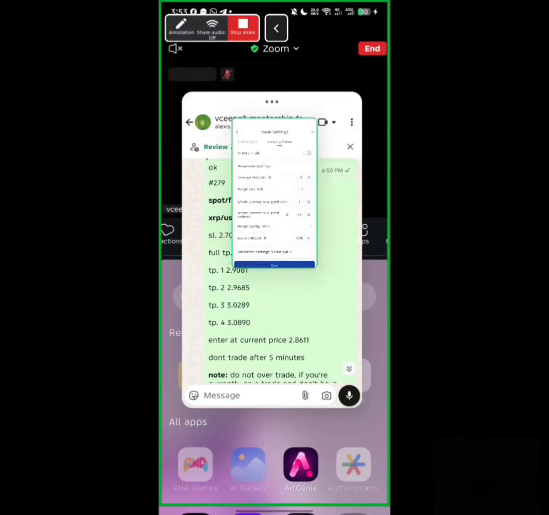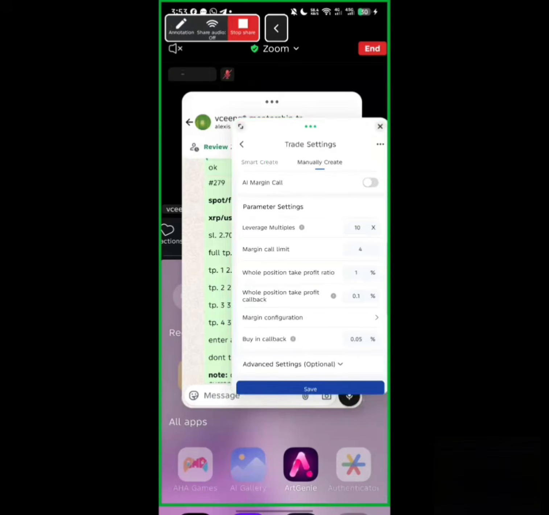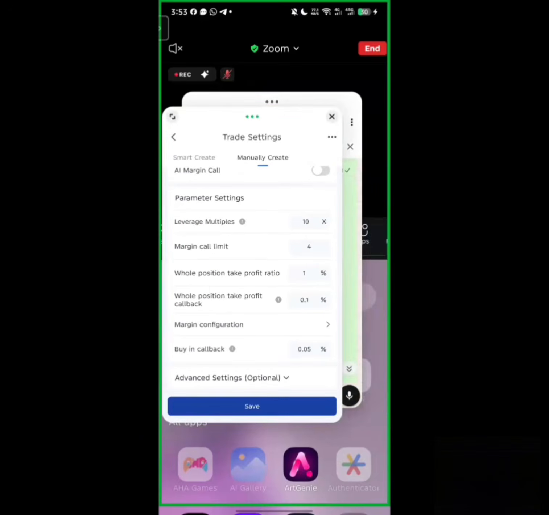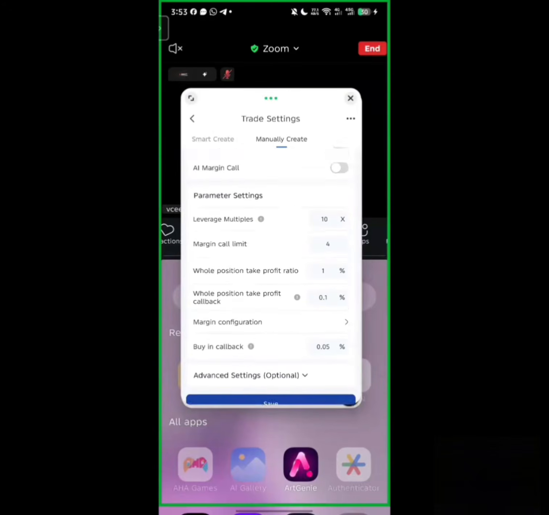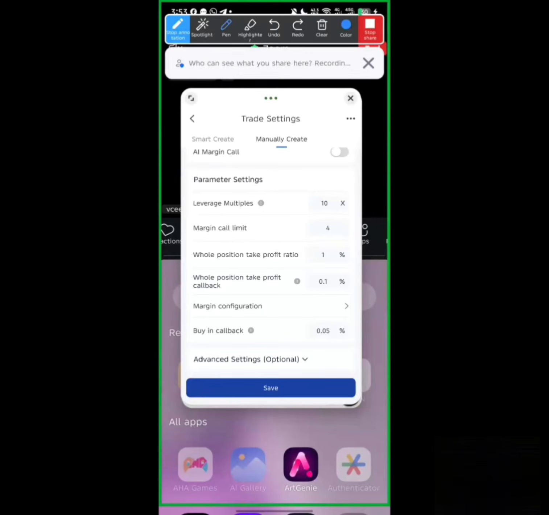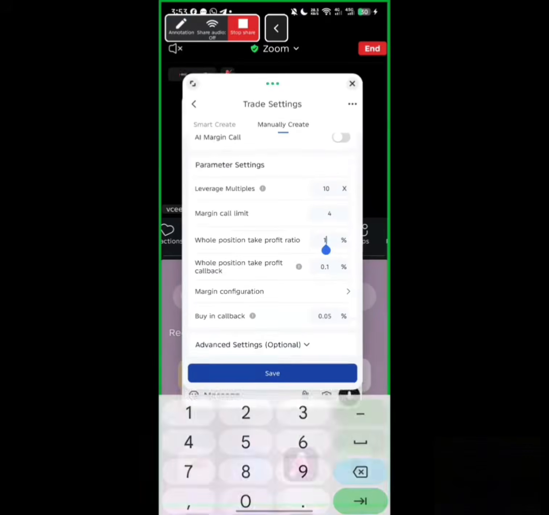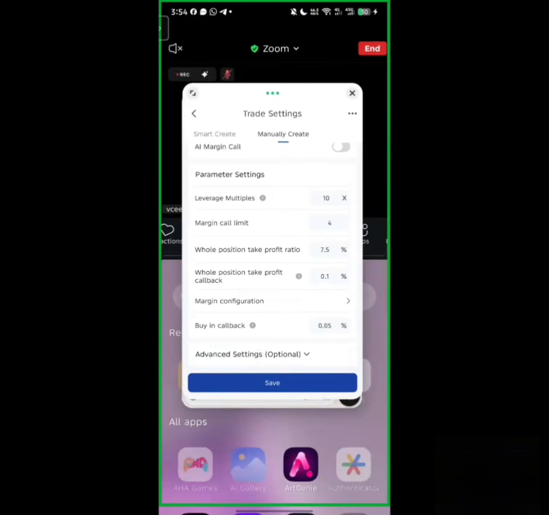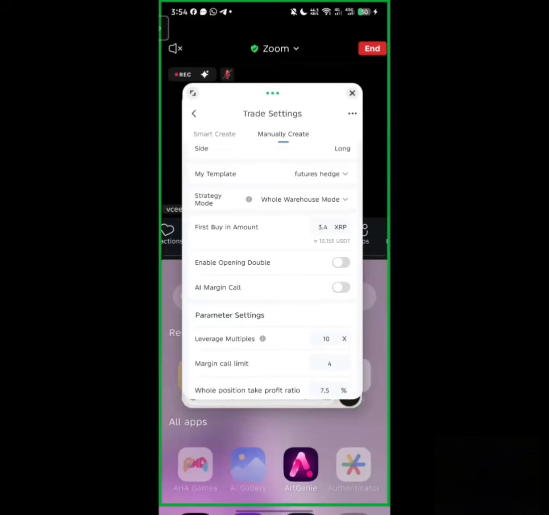Then you go there in your royalq and set it on the whole position take profit ratio. This is where you put the 7.5, so you change 1 to 7.5.